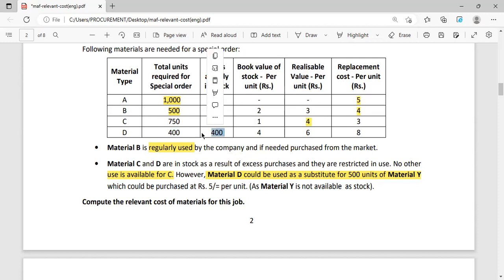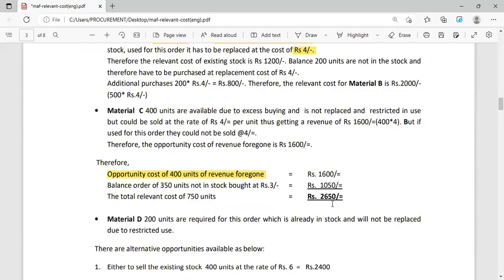So there's no need for them to buy additional material. But let's look at it. The same material D could be used as a substitute for 500 units of material Y, which could be purchased at 5 naira per unit.